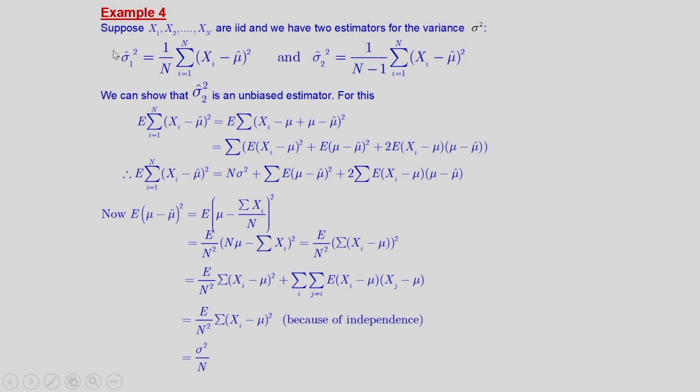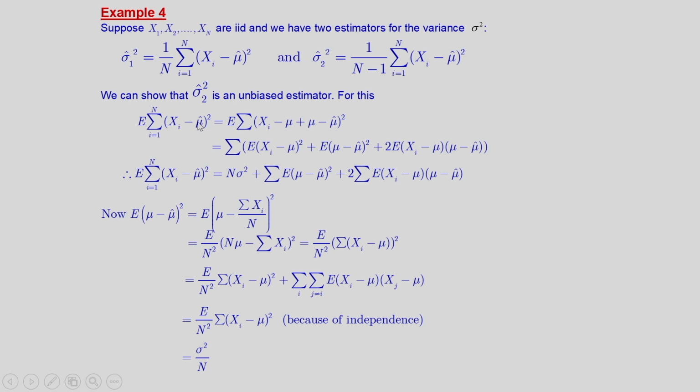So that way we have two estimators, sigma 1 hat square and sigma 2 hat square. We can show that sigma 2 hat square is an unbiased estimator, but sigma 1 hat square is not an unbiased estimator.